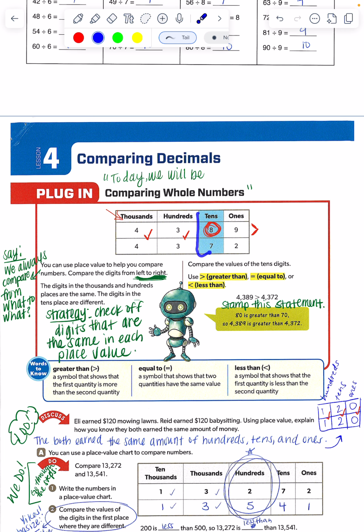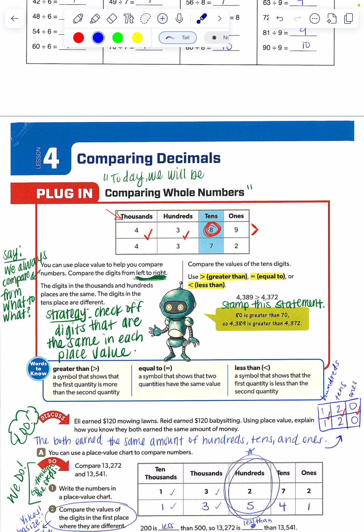So then we move over to the tens place, and what we notice is that we have 2 different values. 4,389 has 8 tens, and 4,372 has 7 tens. This is where we stop, and this is the place value that is going to help us compare, okay?